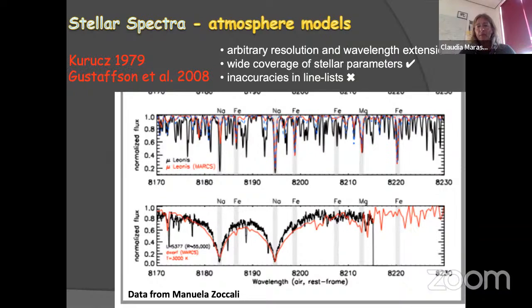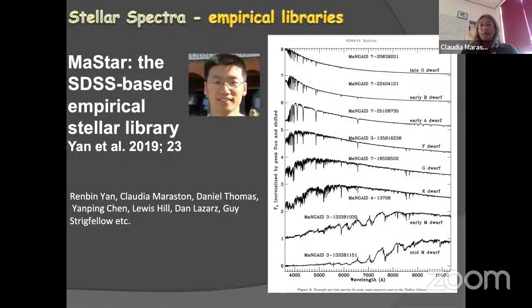I have a paper in mind by Claudia Maraston, who has actually tried to build empirical spectra. So instead of resorting to theoretical spectra from model atmospheres, these people have tried to construct spectra based on actual real stars.